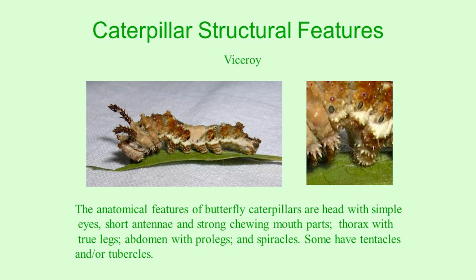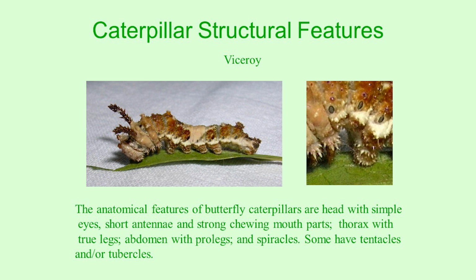And a little bit about the structural features of the caterpillars. The caterpillar has a head, just like the adult does, obviously, but they have simple eyes, not compound. The antennae are very short.